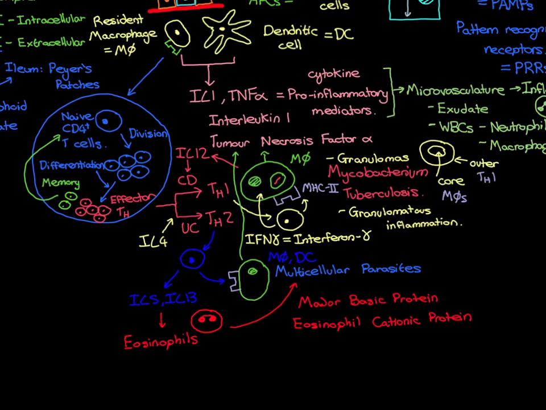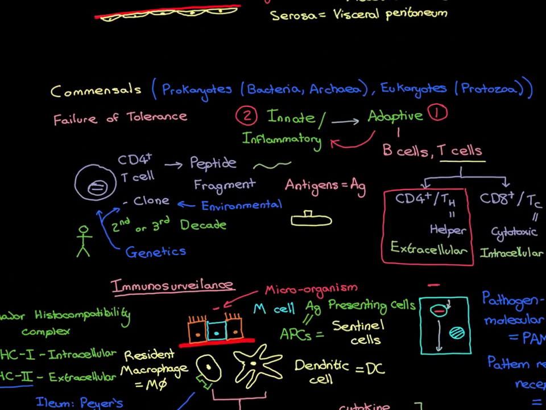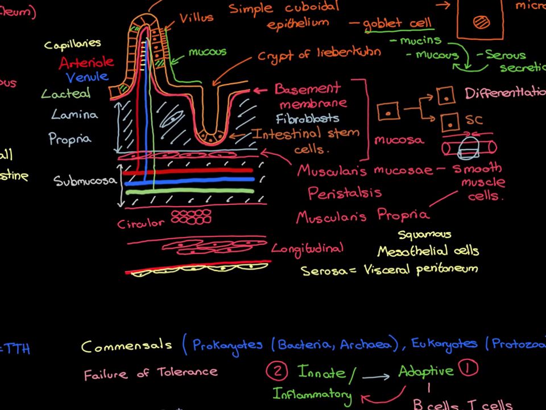So, again, that is how the adaptive immune response can then call for the innate immune response, the inflammatory response to occur. So in ulcerative colitis then, going back up to this picture, you're going to get inflammation occurring within the lamina propria. You'll get an exudate, neutrophils, macrophages, and eosinophils coming in ulcerative colitis. And of course, this exudate and the white blood cells will go into the lumen as well. So big difference then that we now understand between ulcerative colitis and Crohn's disease.